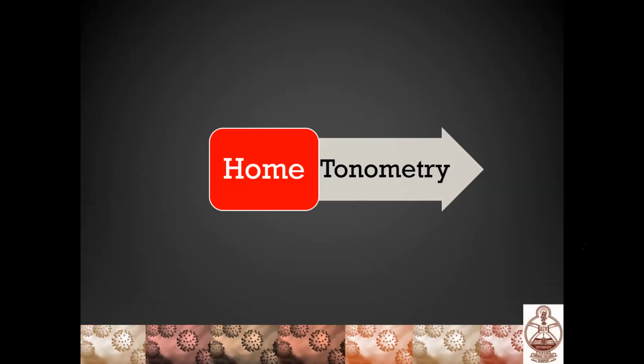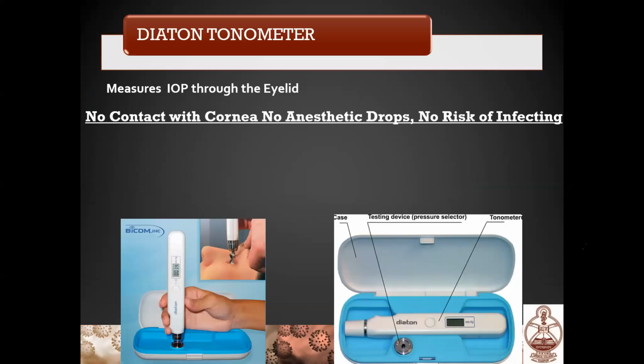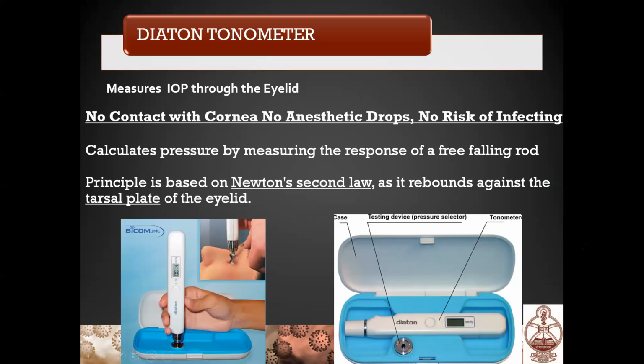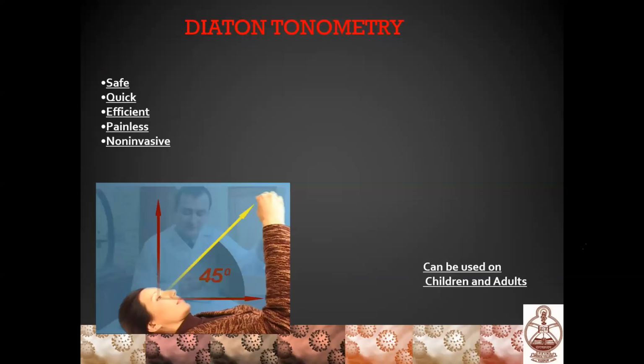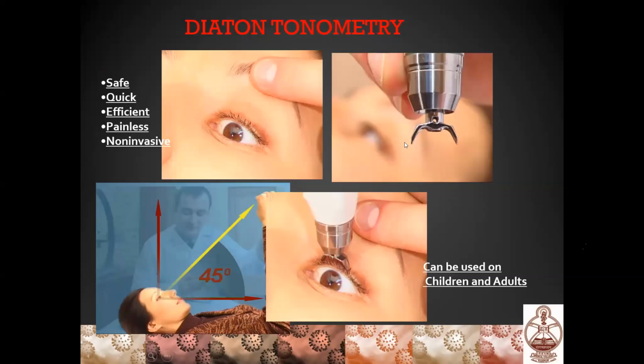One is the DIATON tonometer, which measures the intraocular pressure through the eyelids without touching the cornea, so there is no risk of infection. It calculates the pressure by measuring the response of a free falling rod. Here you can see the DIATON tonometer. This is the area which touches the eyelids, and it is pressed and automatically records and gives the reading of intraocular pressure.